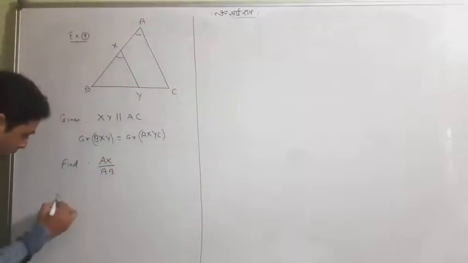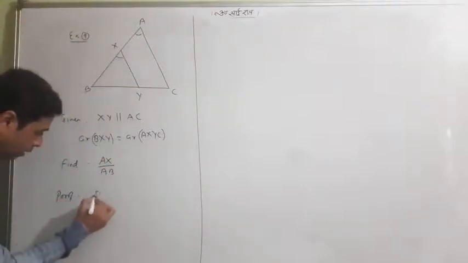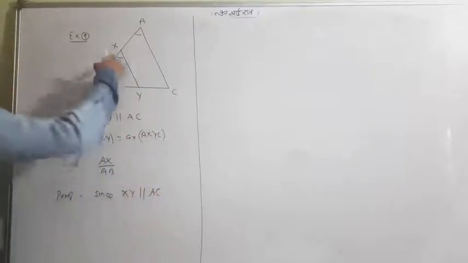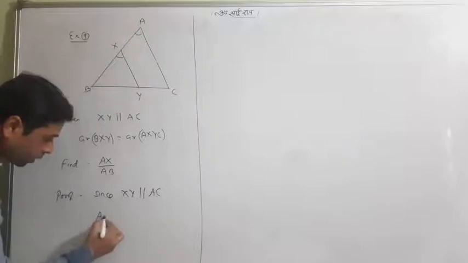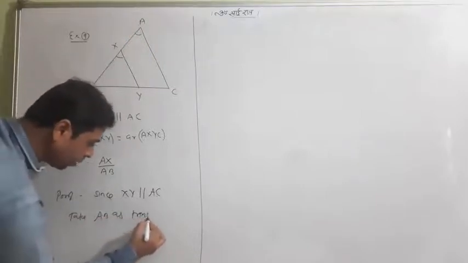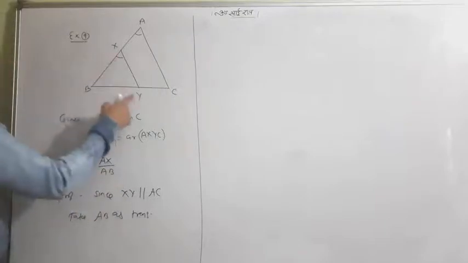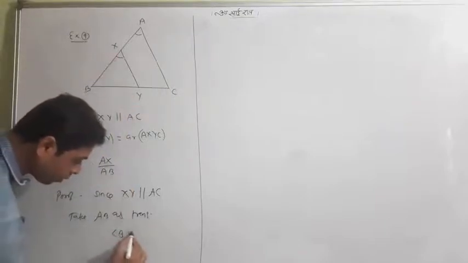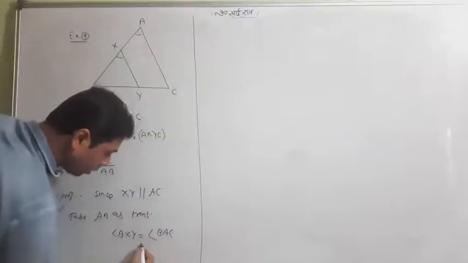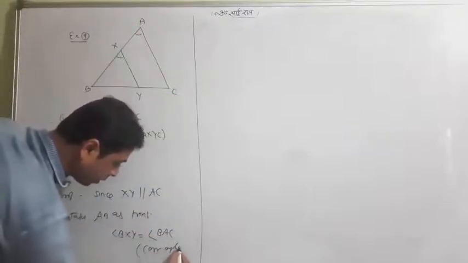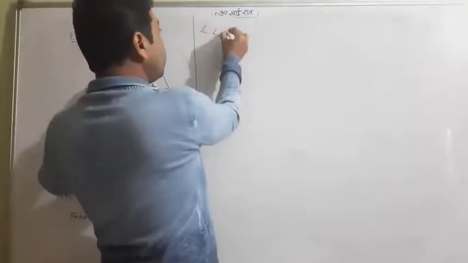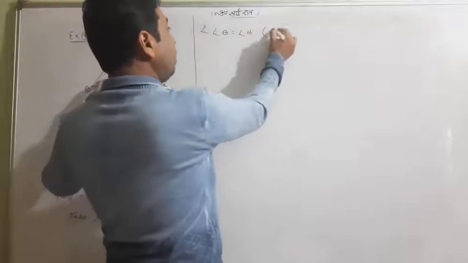Okay, let me start the proof. Since XY is parallel to AC, taking AB as a transversal, angle BXY and angle BAC are corresponding angles, and angle B equals angle B, which is a common angle.